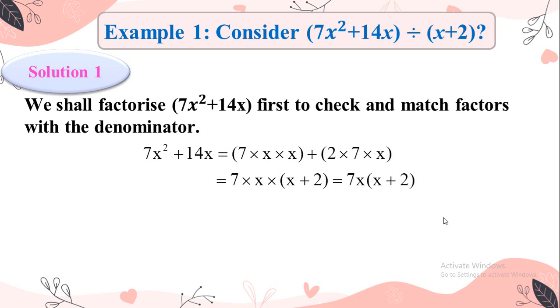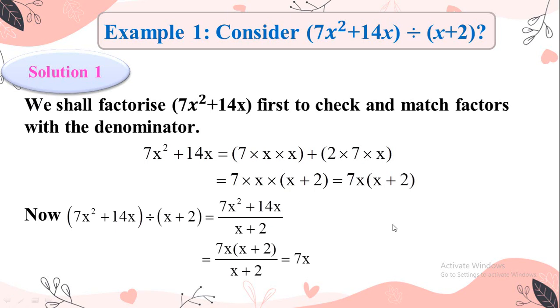Now, I see 7x is the GCF. 7x^2 divided by 7x is x. 14x divided by 7x is 2. Now, 7x^2 plus 14x equals 7x times (x plus 2).